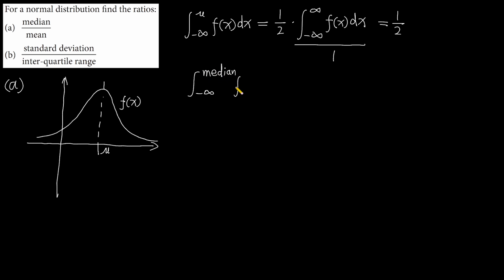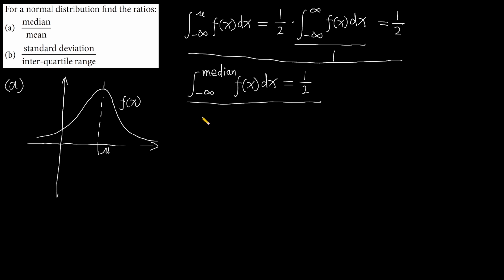And we also know that the integration of the probability density function from negative infinity to the median of the random variable also equals 1 over 2. So compare these two equations.